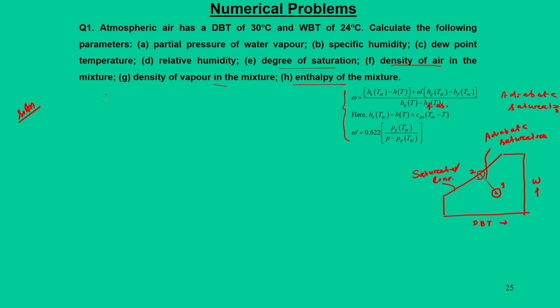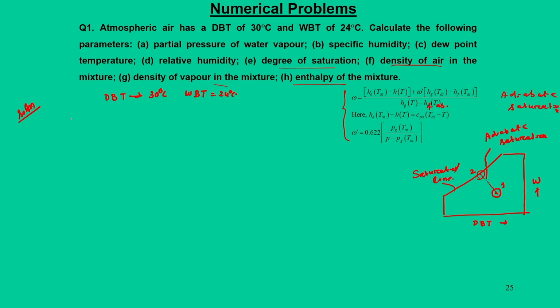Okay. So, the solution that we can start with: DBT is given as 30 degree centigrade and WBT as 24 degree centigrade. Now, first we have to find this omega.